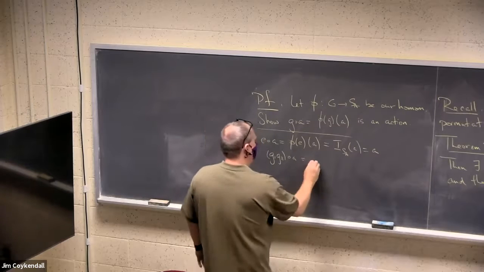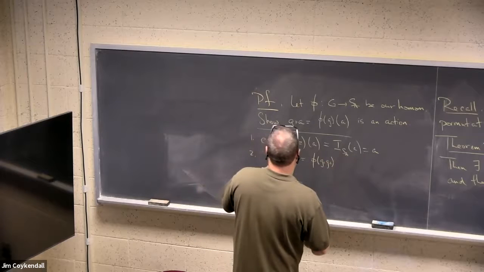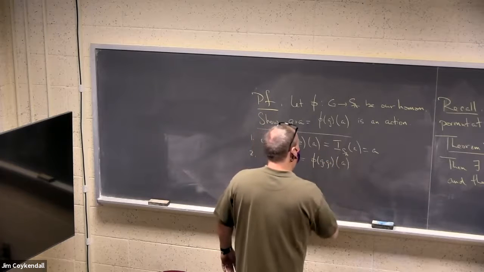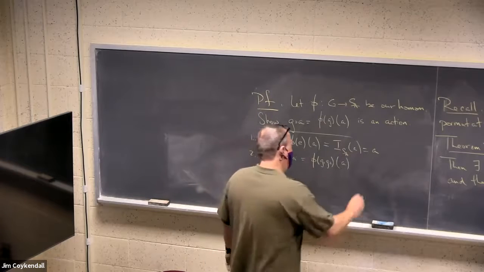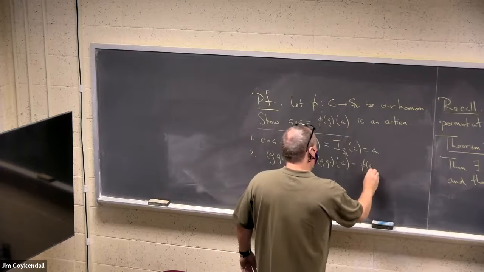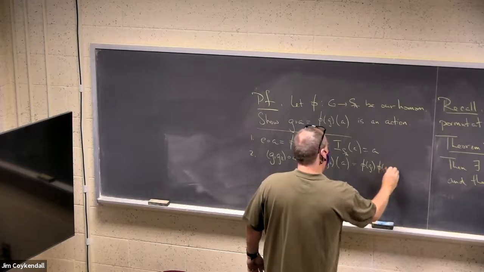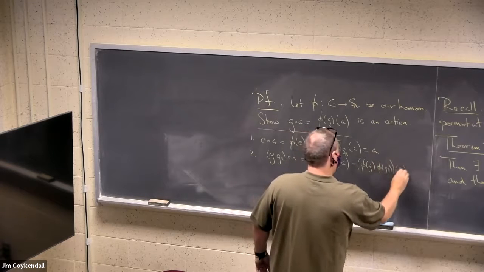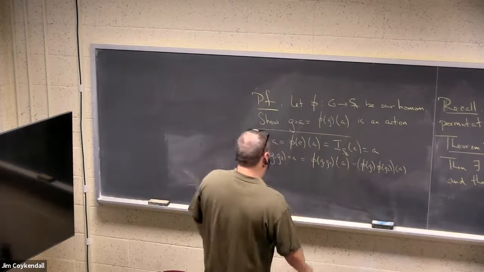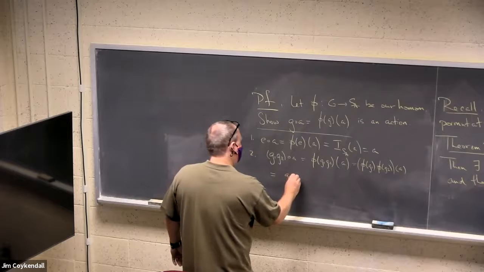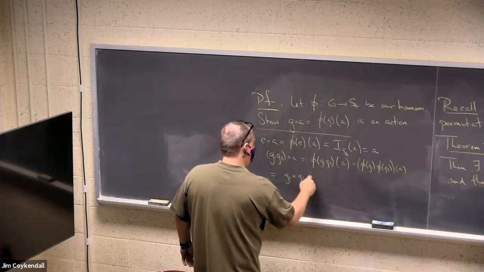But anyway, this should be phi of G1, G2 applied to A. But this is a homomorphism, so this is phi G1, phi G2 applied to A. Let me check myself here.